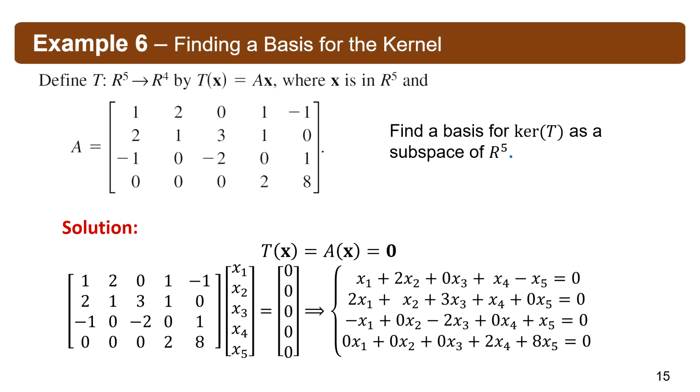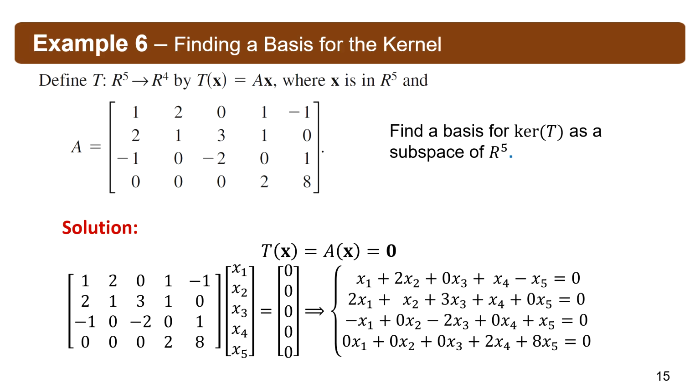All right. So for example, you have here R5 to R4, and the transformation of a vector is equal to the matrix times X. This is actually the definition. When you have this matrix, you just get the matrix and then multiply to the vector, where X is in R5.